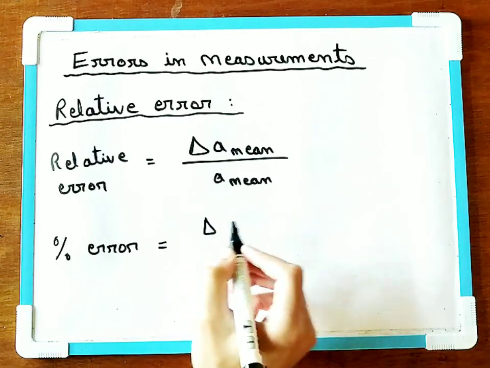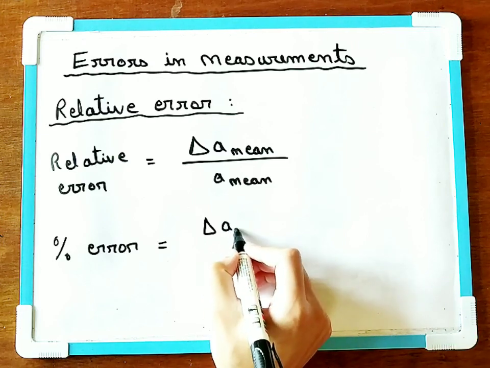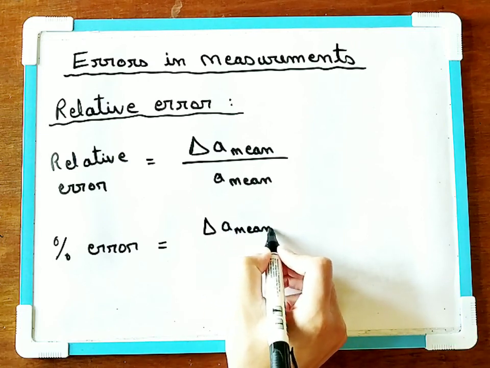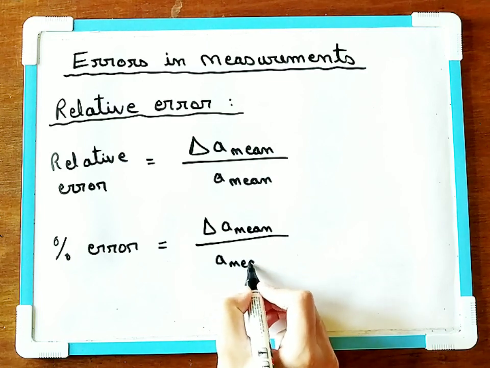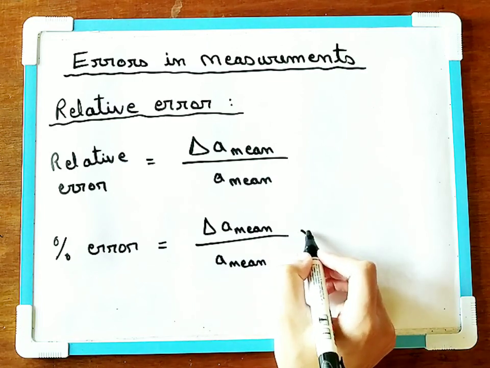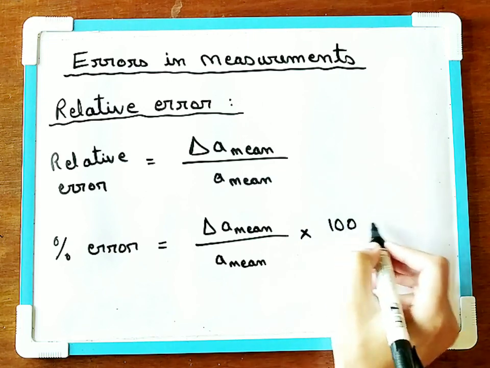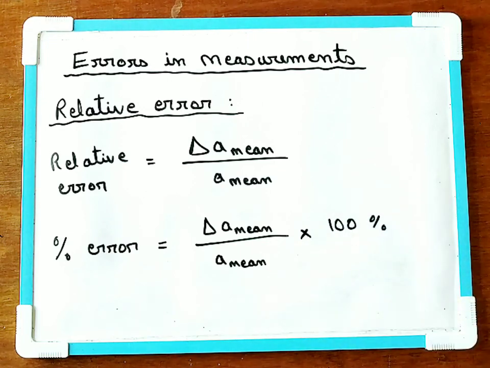So we have the mean absolute error divided by the true value, into 100. So this will give you the percentage error. Remember, there are three ways in which you can express the errors in measurement. One is absolute error, the other one is relative error, and the other one is percentage error.